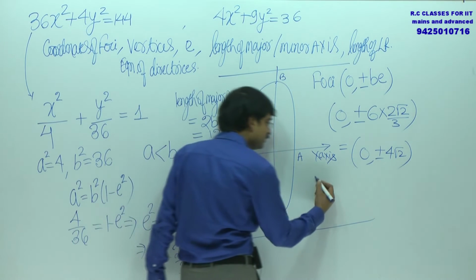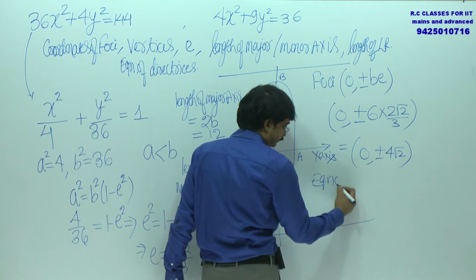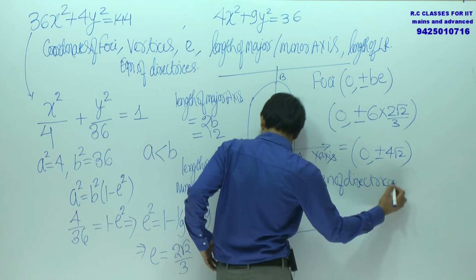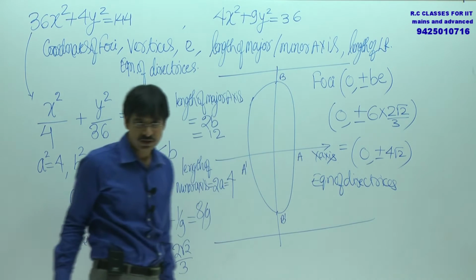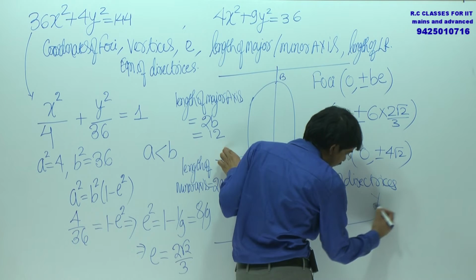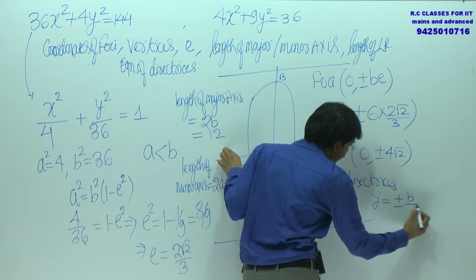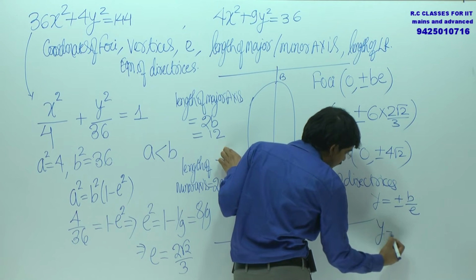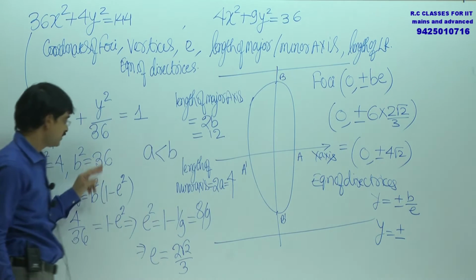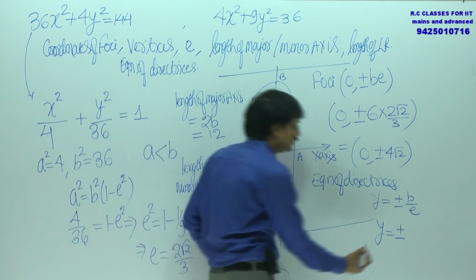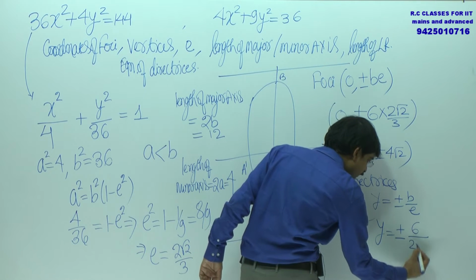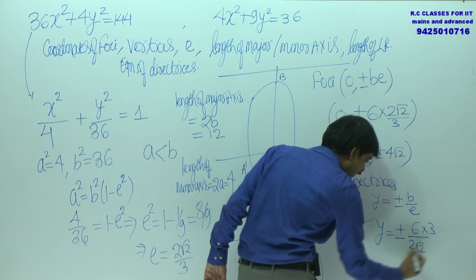Equation of directrix. So directrix की equation अगर हम लिखते हैं, that will be x axis के parallel y is equals to plus minus b by e. So y will be equals to plus minus b is 6 divided by 2 root 2, right?